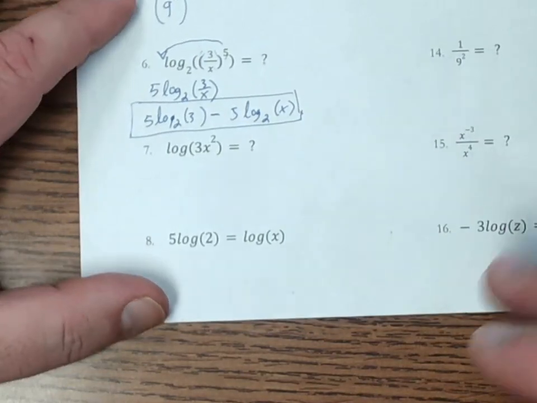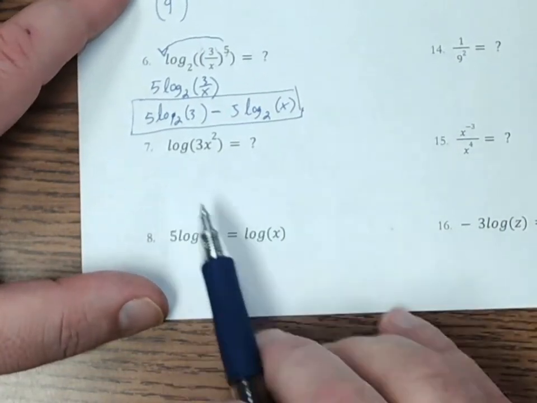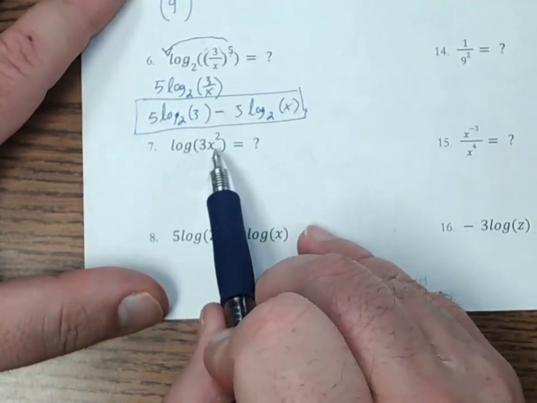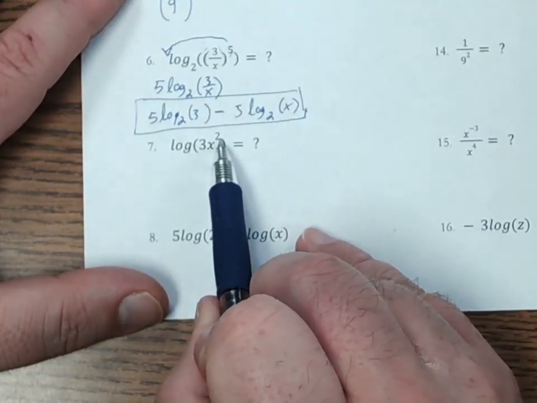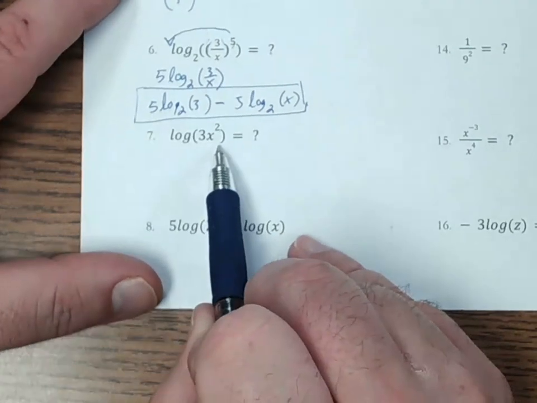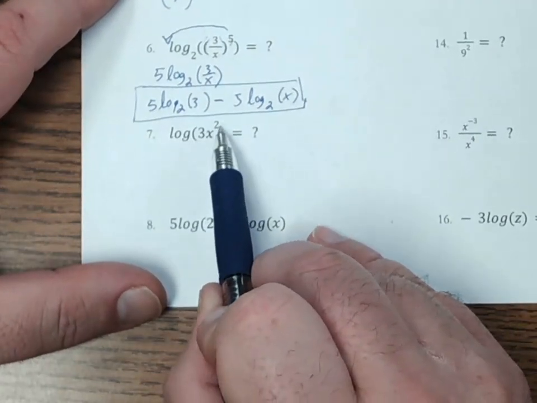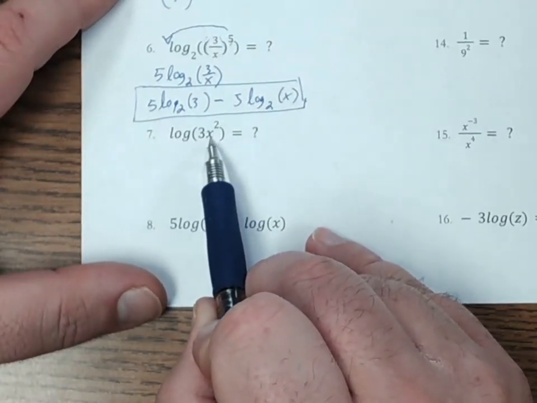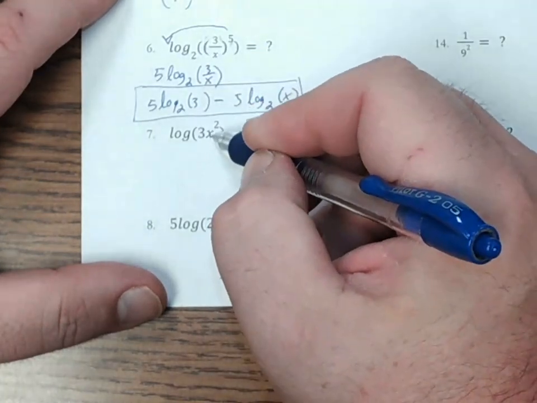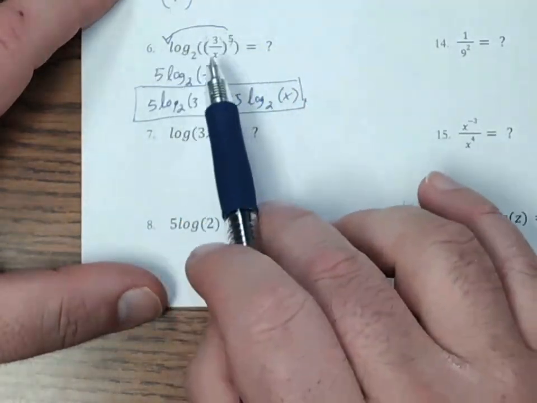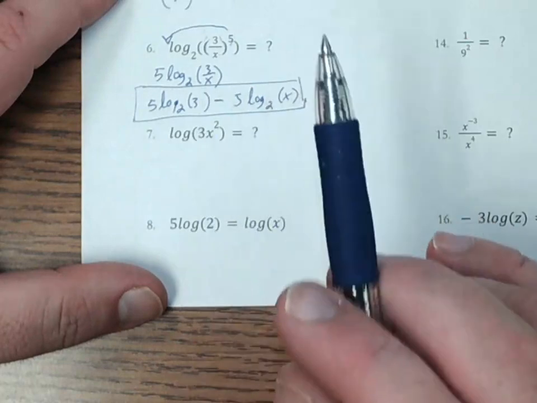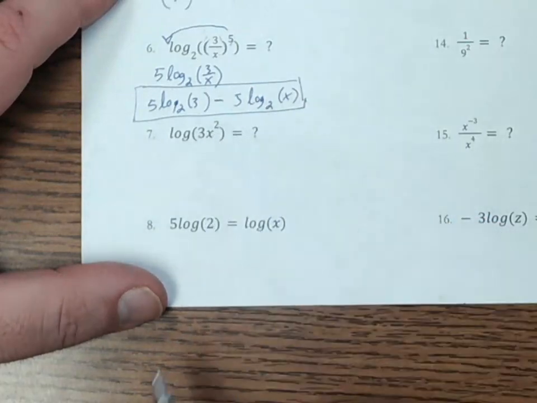This next one you're going to see, I'm going to do it a little different. Please note that in this one, yes, there's an exponent and there's 2 terms, but this exponent only applies to the x. If there were parentheses around the 3x, I would handle it much like I did up here, and I would move the exponent first. But in this case, it only applies to the x.